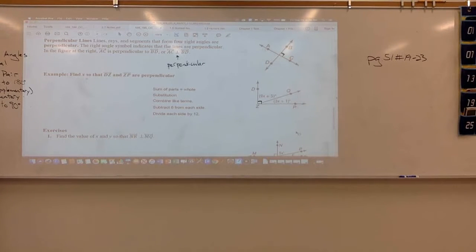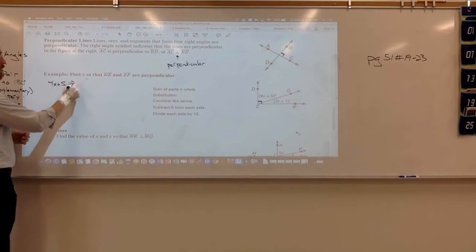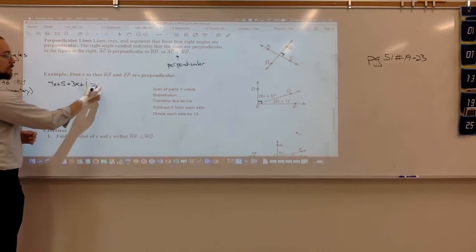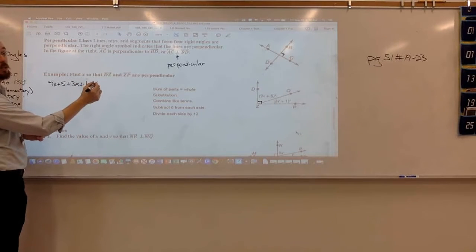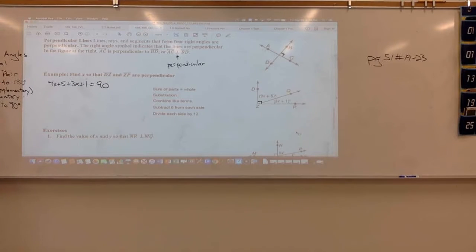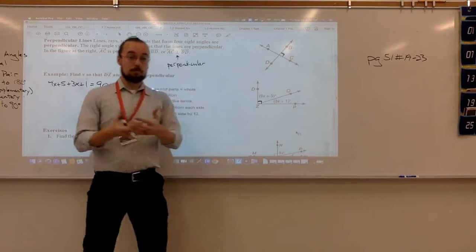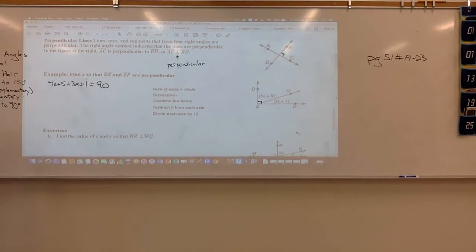It would be 9x plus 5 plus 3x plus 1 equals 90. Yep, perfect. We're adding these two angles together and saying their sum will be 90.